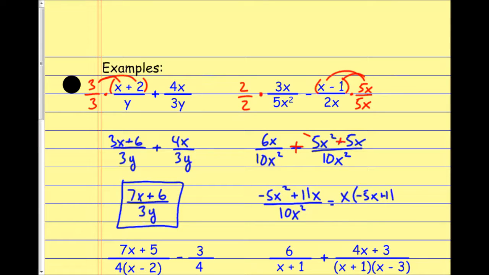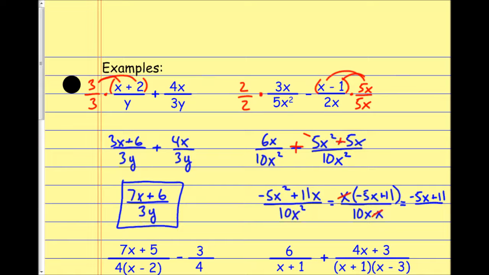In the denominator, it looks like I've got a 10x squared, which means a 10x times x. So one of these x's cancels out. So now the reduced form of my fraction is the negative 5x plus 11 all over just a 10x.